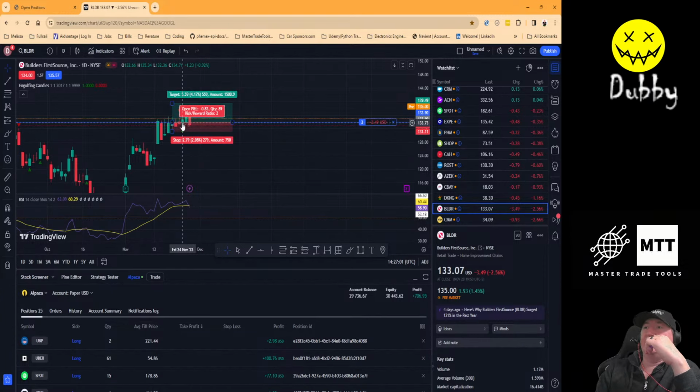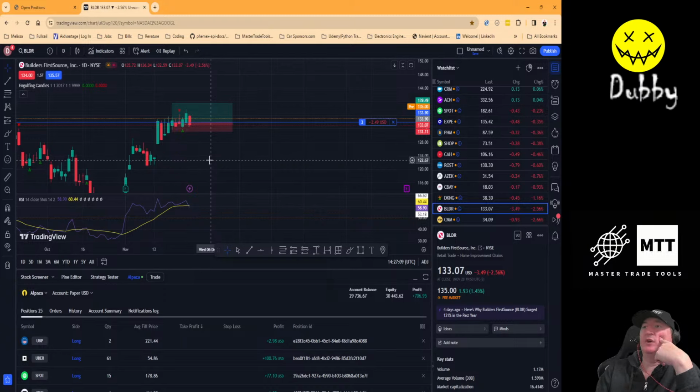But the bullish engulfing candle looks like it has a lot more volume to it. So I think we might continue our upward movement, but I'm not sure considering how big our most recent candle is.